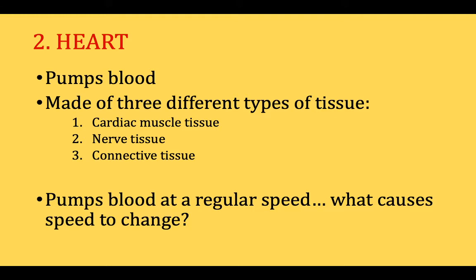So if you're running along, you might notice that your heart rate is a lot faster. The reason why it's faster is because the muscles in your arms and your legs are doing a lot more work than usual, which means they need more oxygen. So your blood has to flow through that a lot faster to allow for more oxygen to get to those different parts of your body.